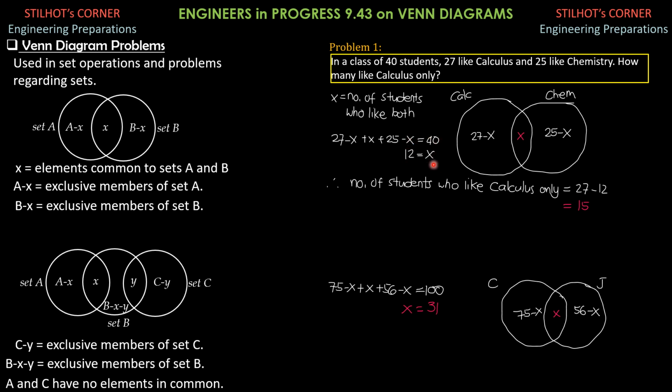So x is 12. Therefore, the number of students who like calculus only is equal to 27 minus 12, and it is equal to 15.